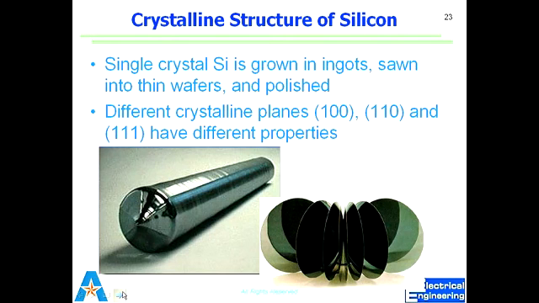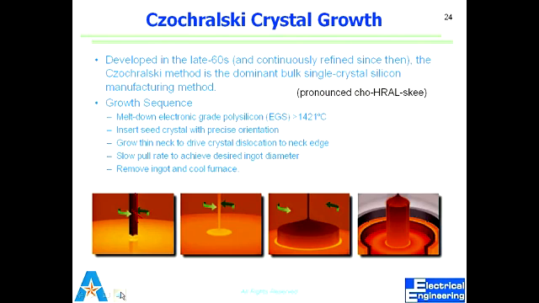For oxidation, I would know at what temperature 111 will behave in what manner, compared to 100. So we need to know these planes. This is called the Czochralski method.